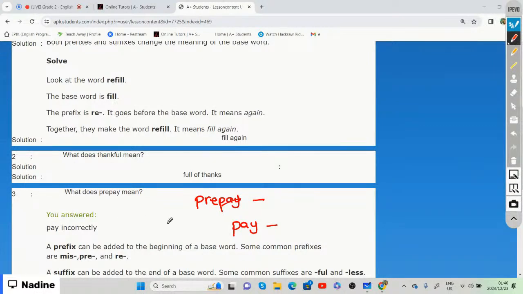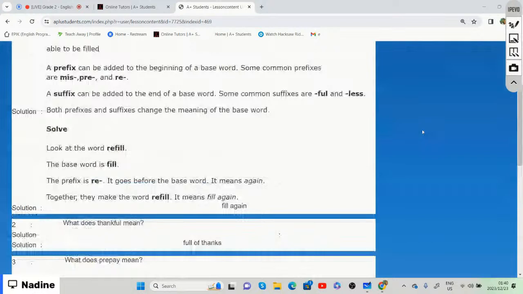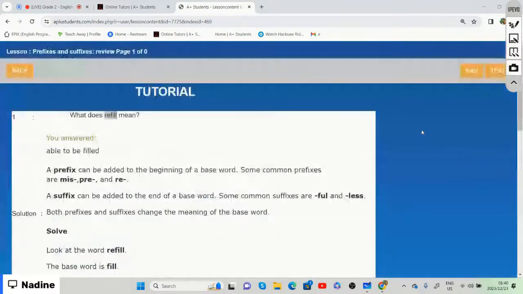And then pre means before. So now we want to know what is prepay. And prepay means before you pay. It's like before you pay, I need to think, was this really the stuff that I needed to buy? So prepay.